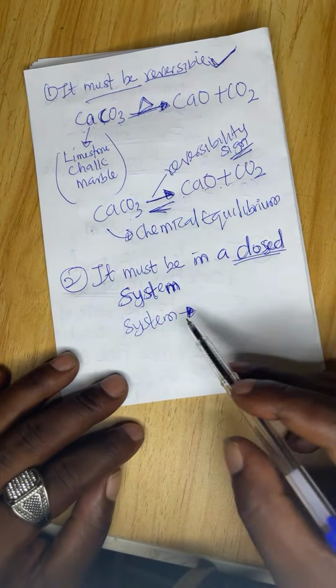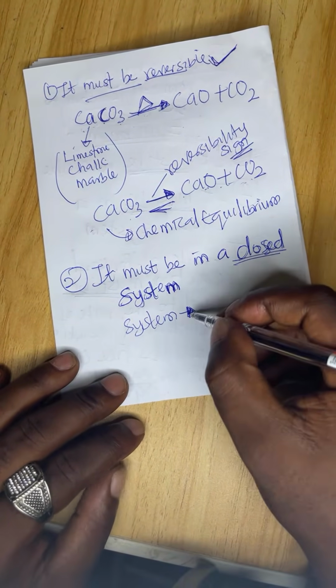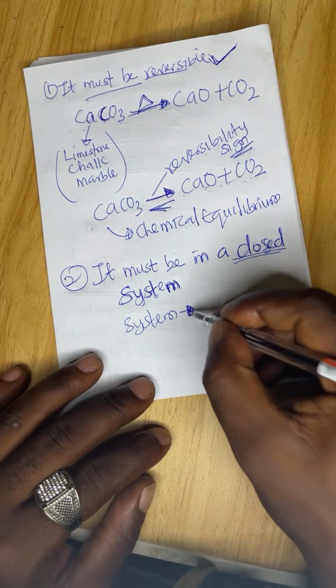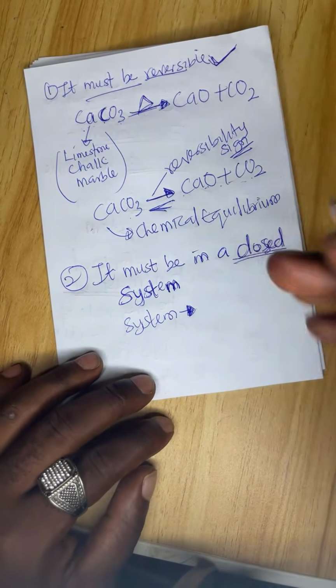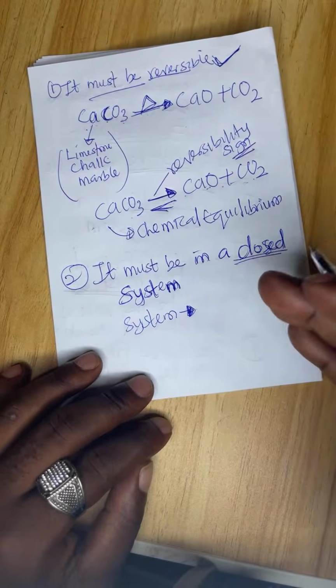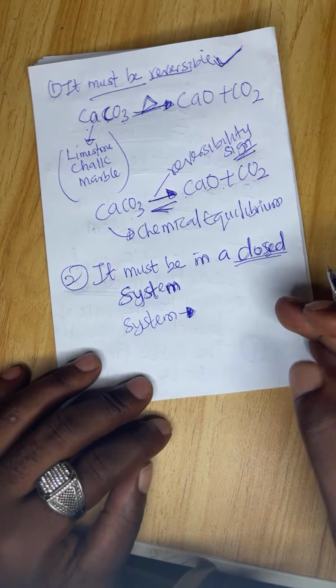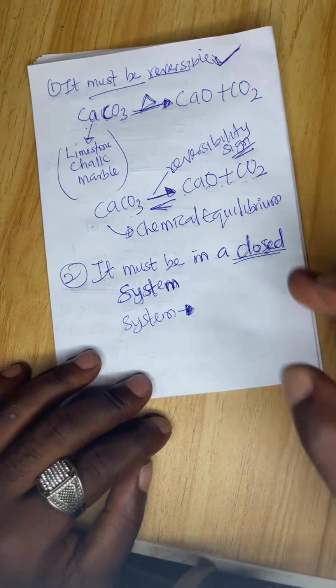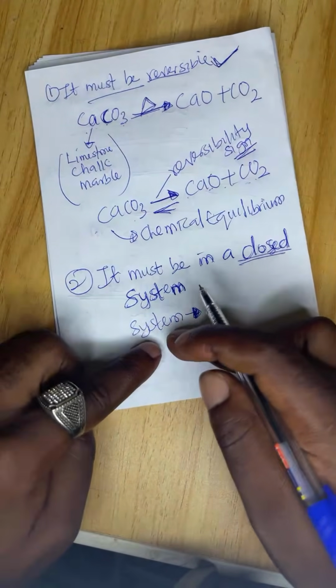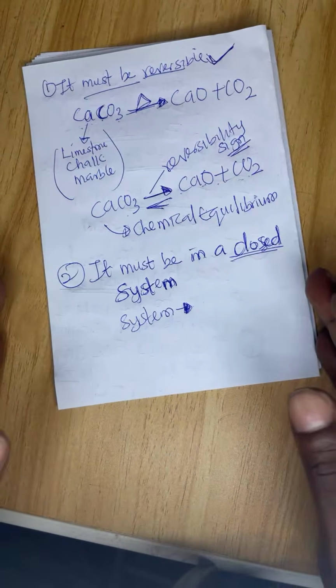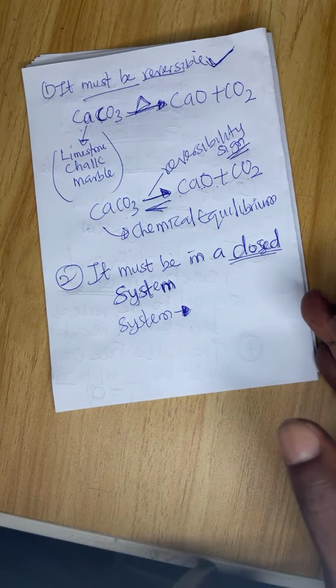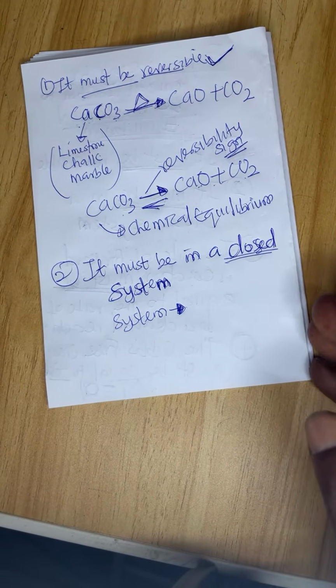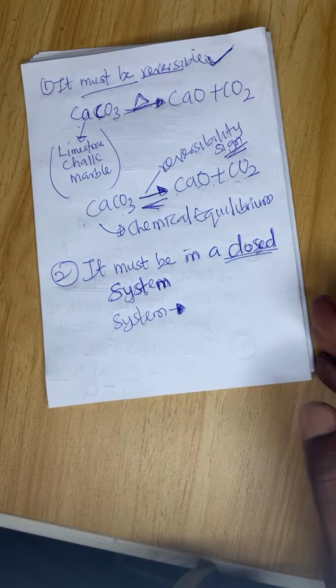So, a system is a place set aside in the universe for the purpose of an experiment. It is a place, which means any place can be a system. Your kitchen can be a system, because so far as it is set aside for the purpose of an experiment, it is a system.